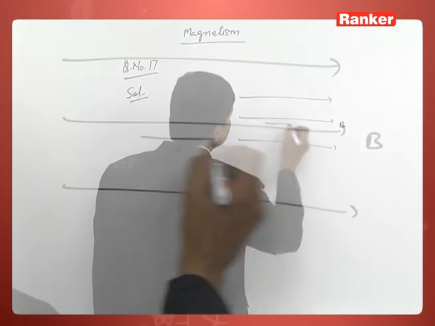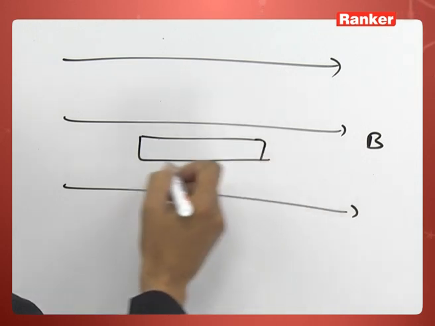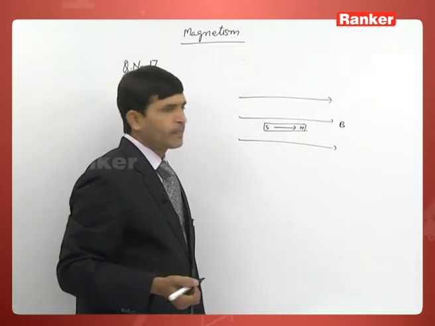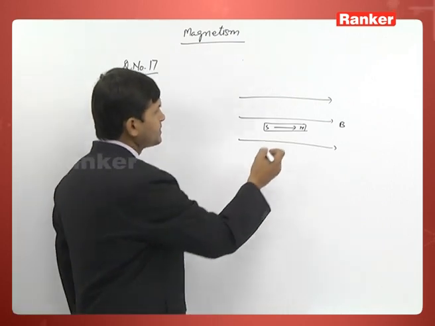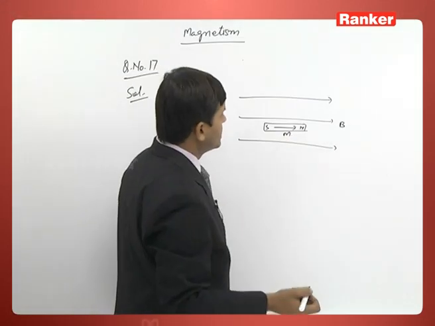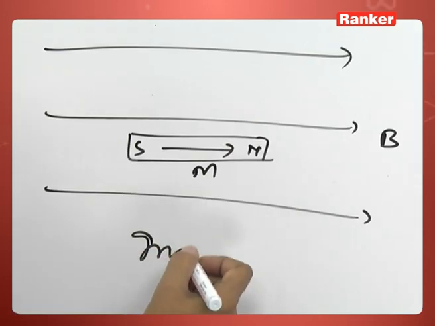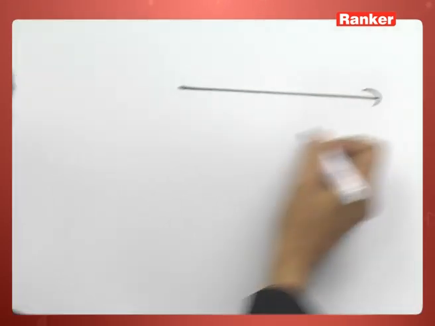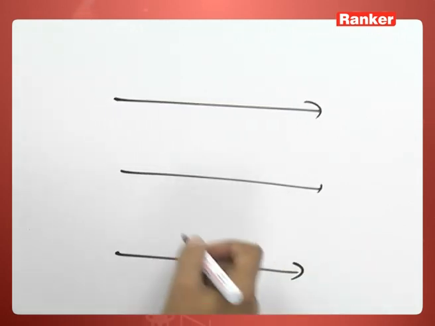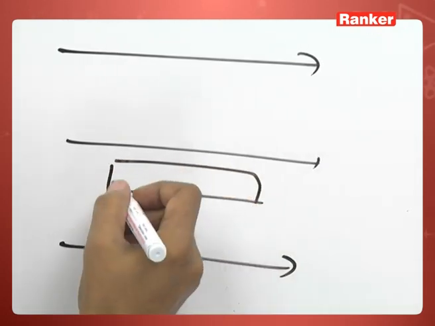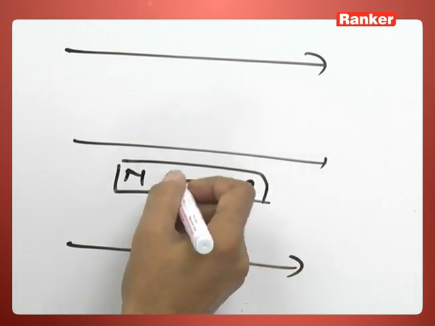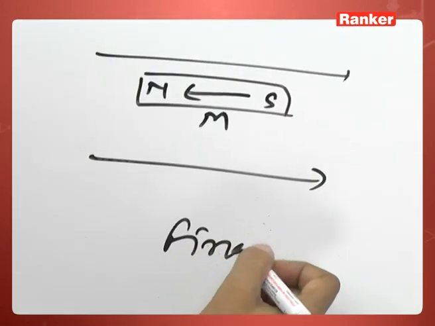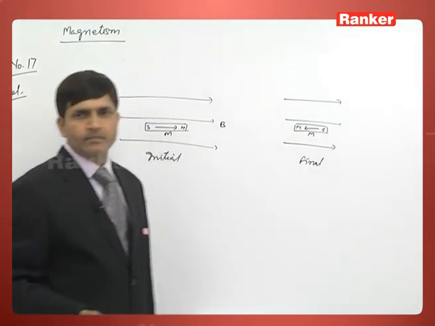Initially the magnet is in this direction, the initial direction of M. Now this is the initial, and finally the magnet is in this position. This is the final.